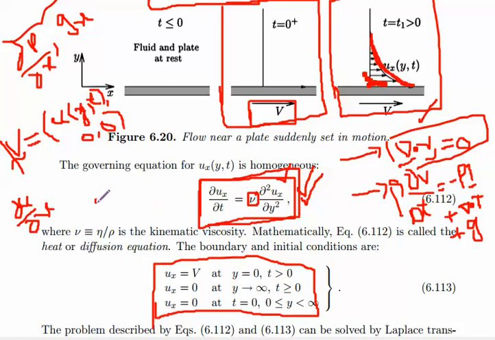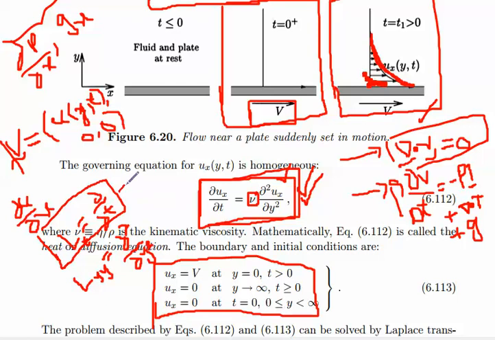One is partial by partial t, which is called the linear operator in t, and the second operator is Ly, which is partial square by partial y square. This is another linear operator, a second degree linear operator, and we also assume that these linear operators are invertible.